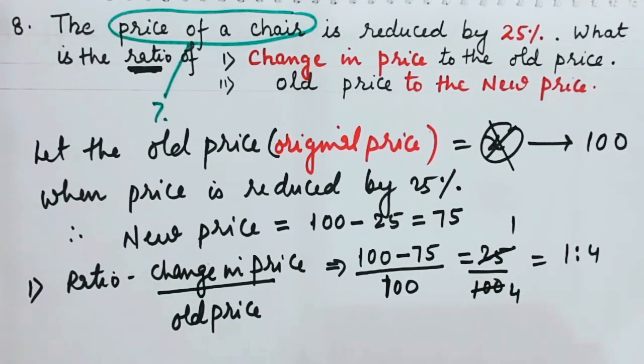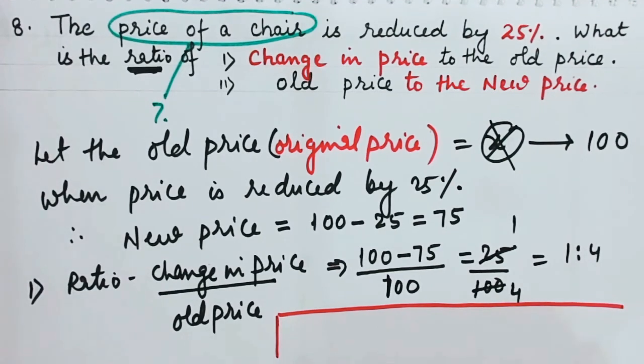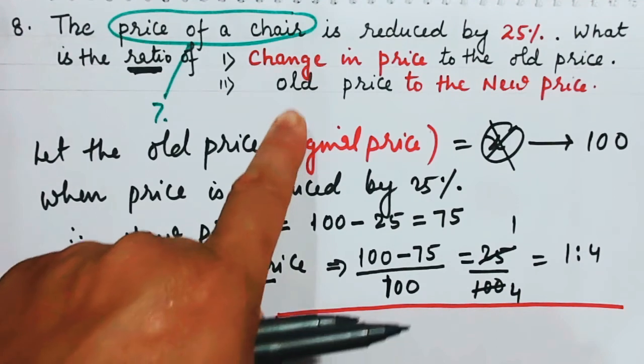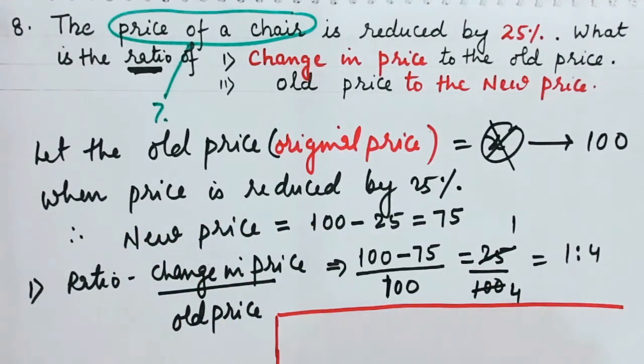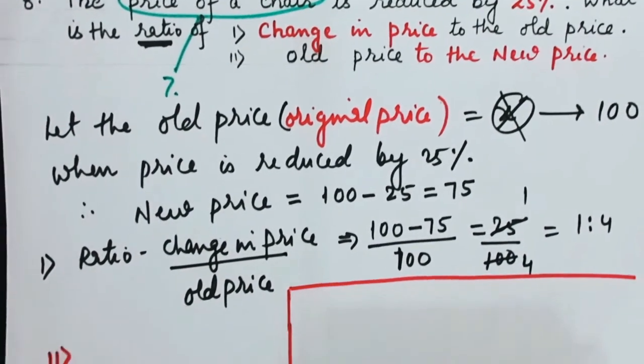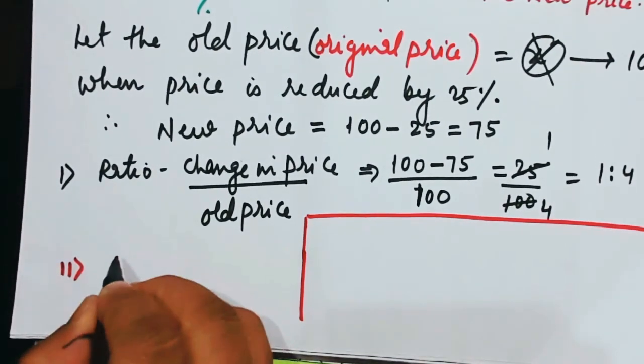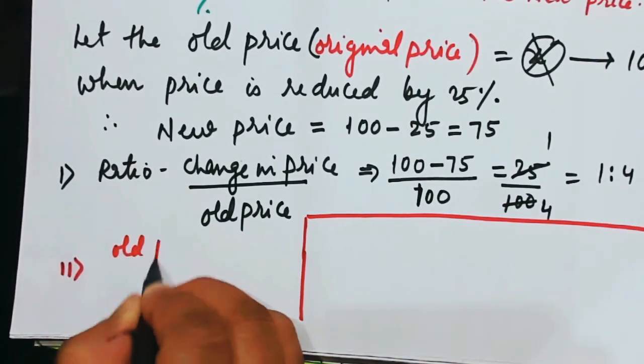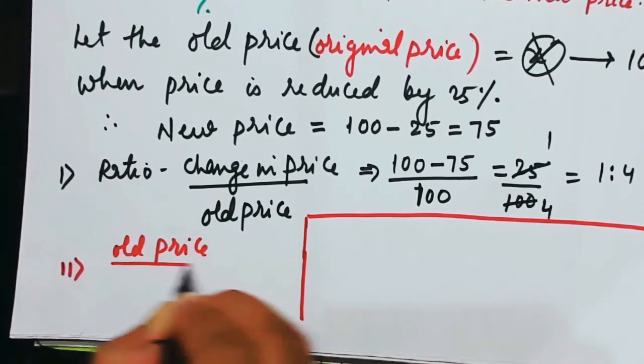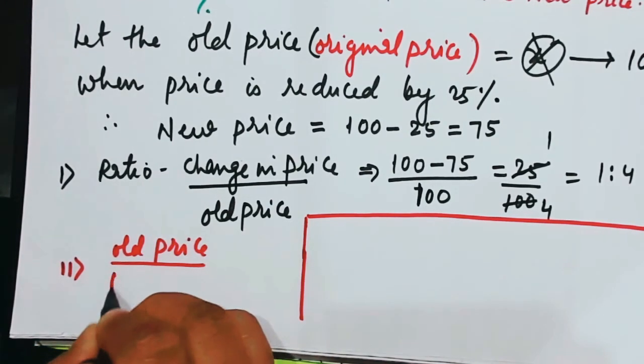I hope you have understood this. Now, similarly in number 2, when you solve the second one, what will you get? For number 2, old price to the new price. In the second one, you are being asked old price by new price.